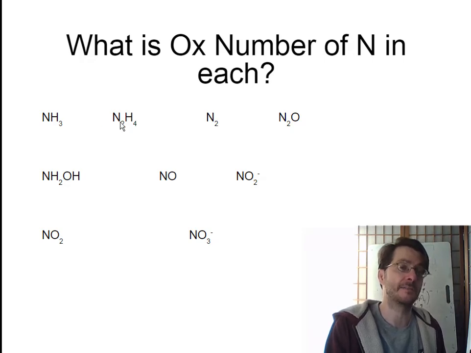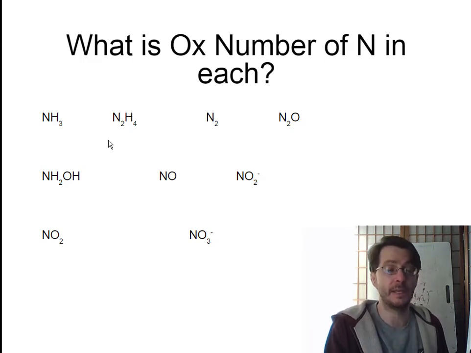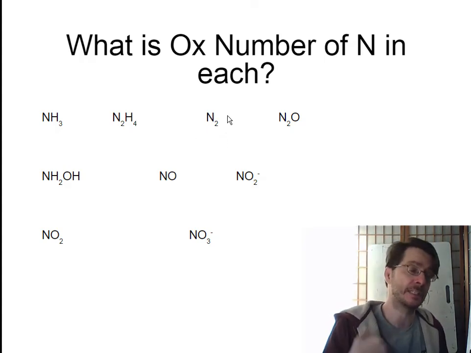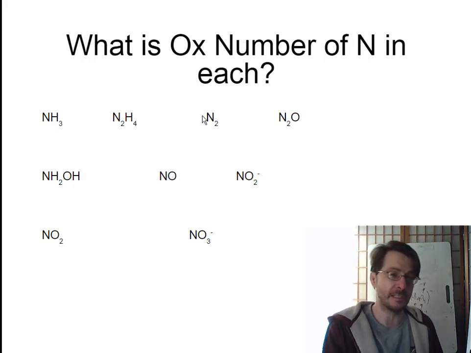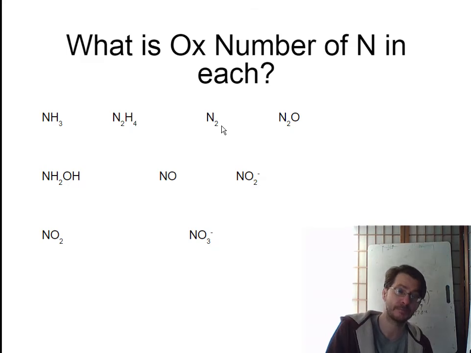The nitrogens would have to total -4, so each would be -2. This nitrogen here, N2, has a 0 oxidation number because it's nitrogen in its native state. So watch out for these. Elements in their native state have 0 oxidation number.